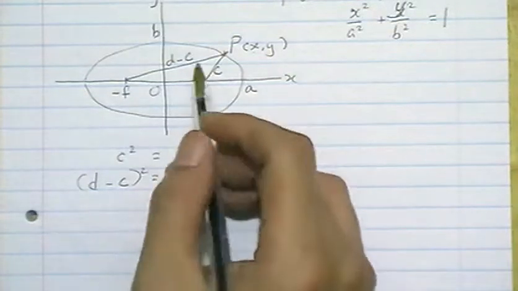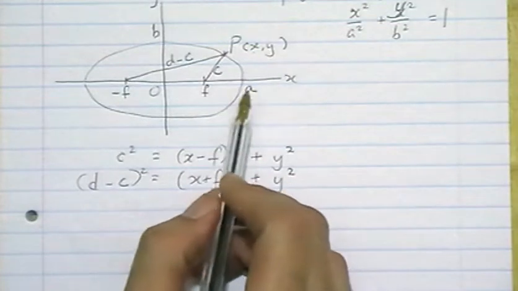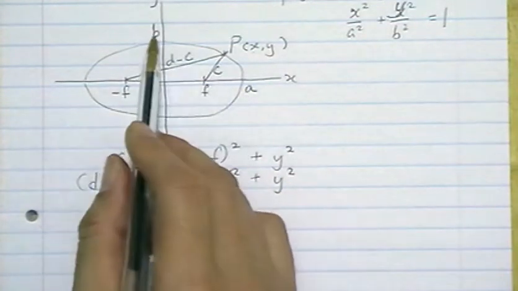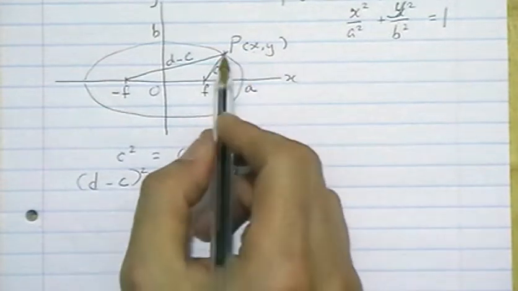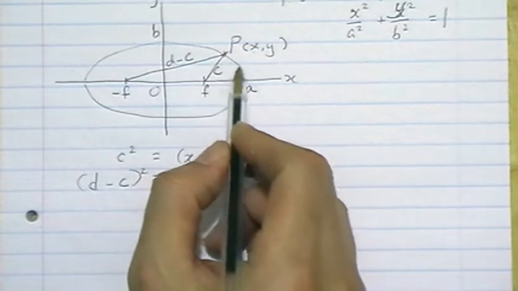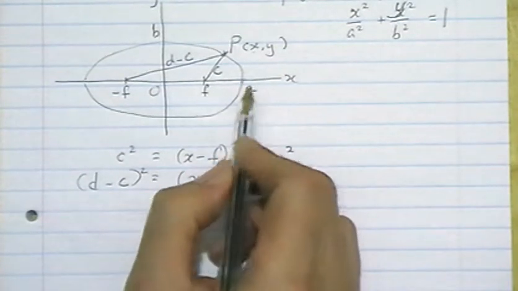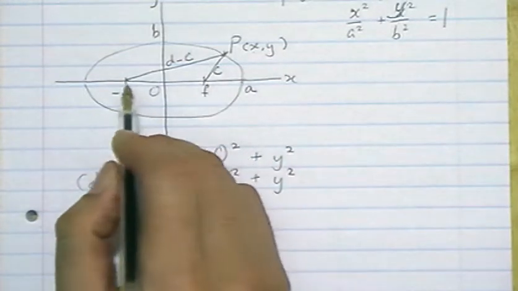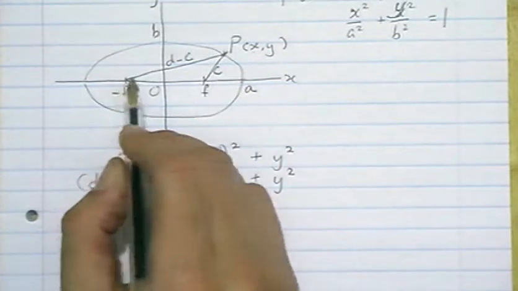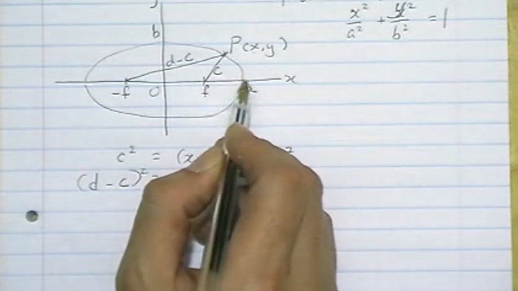Next, let's find the relation between A, B and F. Suppose that P is here, where this letter A is. If P comes down here, the total length becomes this distance plus this distance.